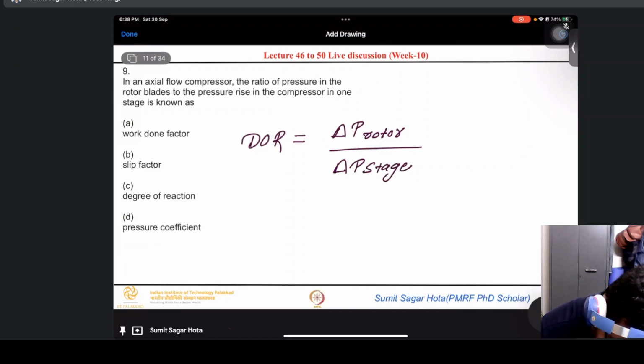So what is the answer? The answer is C, degree of reaction.